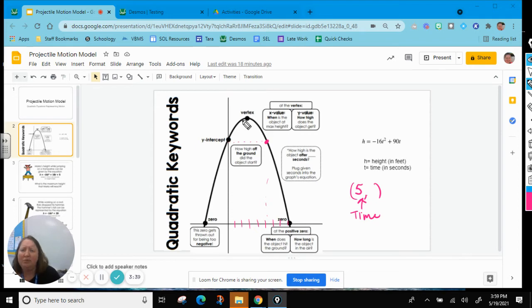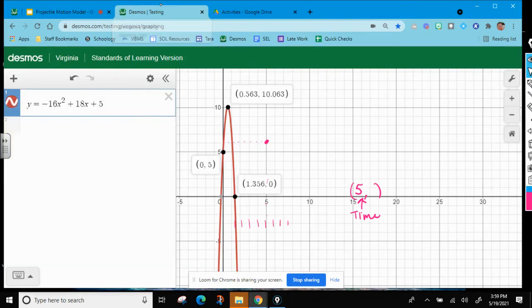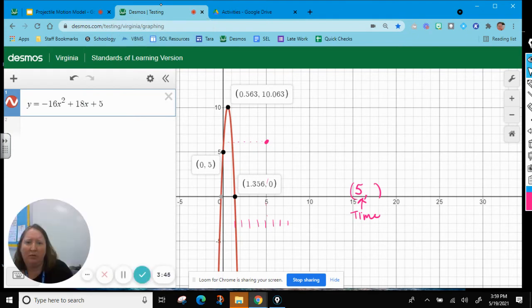Well, you could move your cursor along. Let me show you what I mean. So here's a parabola, right? You could just move your cursor along and it'll tell you what the x value is. If we were trying to figure out what the y value is when the x value is 5, I could just keep going along here until I hit exactly 5.